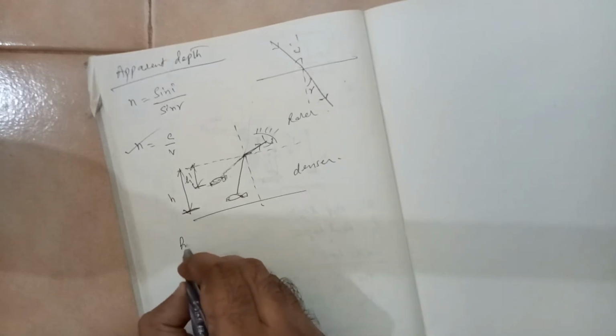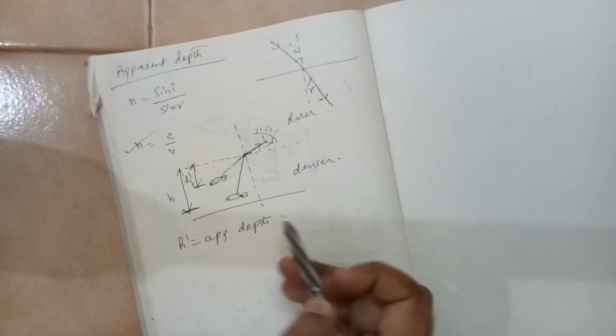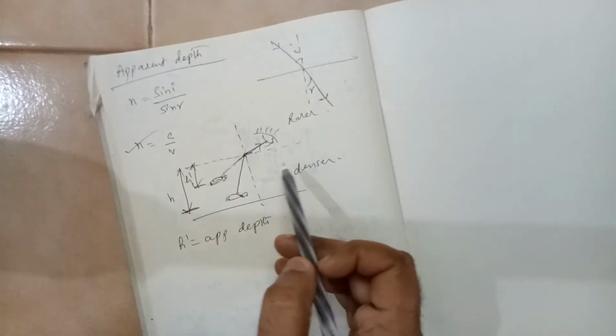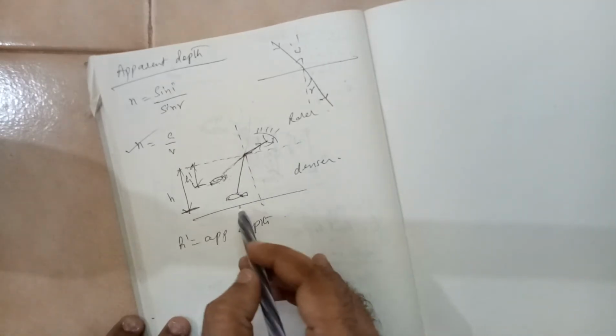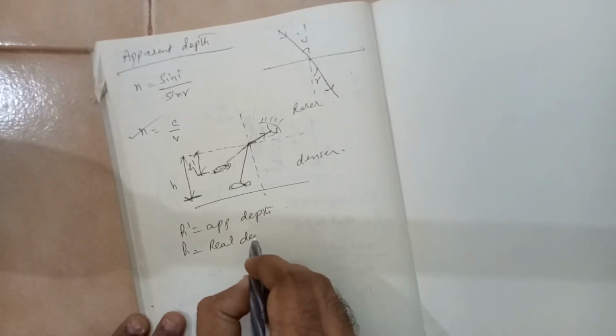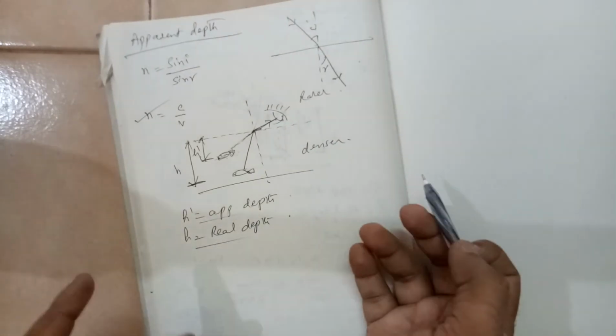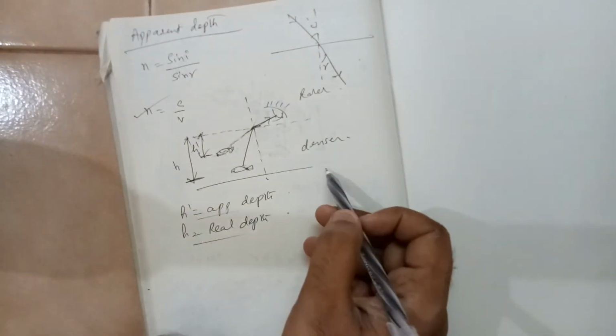This h dash is called apparent depth because the fish seems to be at that depth, and h is the real depth. Real depth can be 1 meter, apparent depth can be, let us say, 0.8 meters.